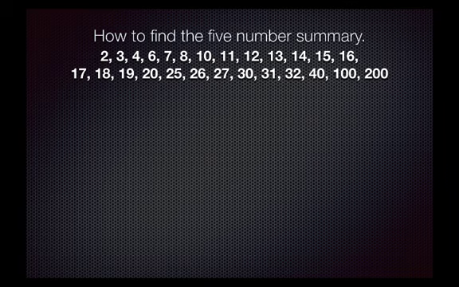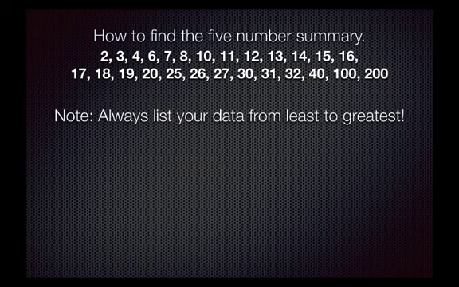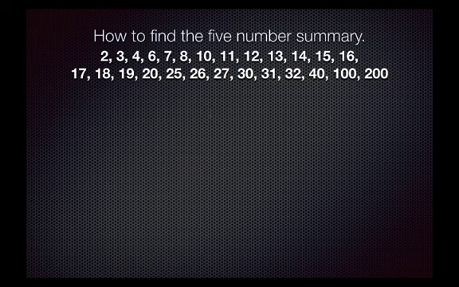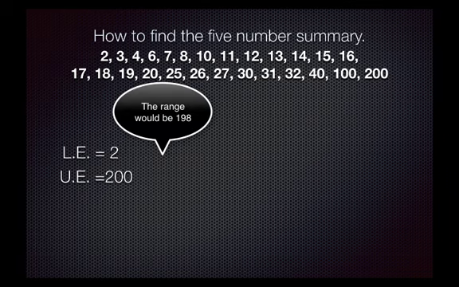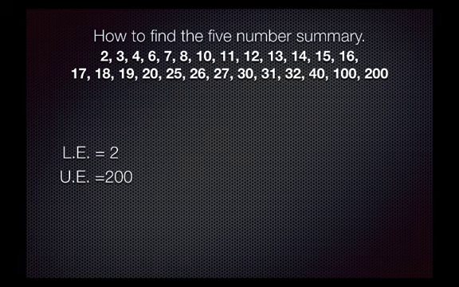What we have here is a set of data. There are 26 numbers. Make sure we list them in order, least to greatest. First thing we'll find is the lower extreme, our smallest number, which is 2. Our upper extreme, our biggest number, is 200. Next, we'll find Q2, the actual median.